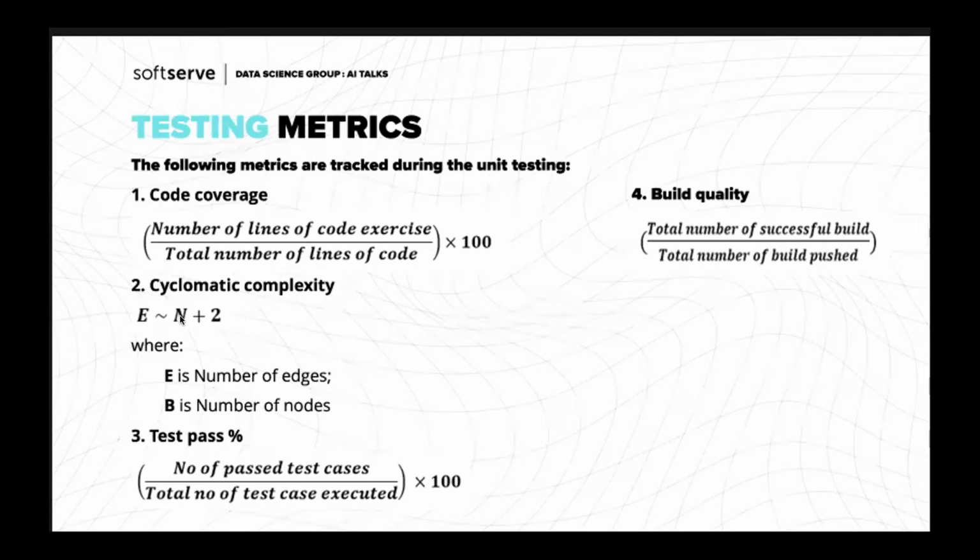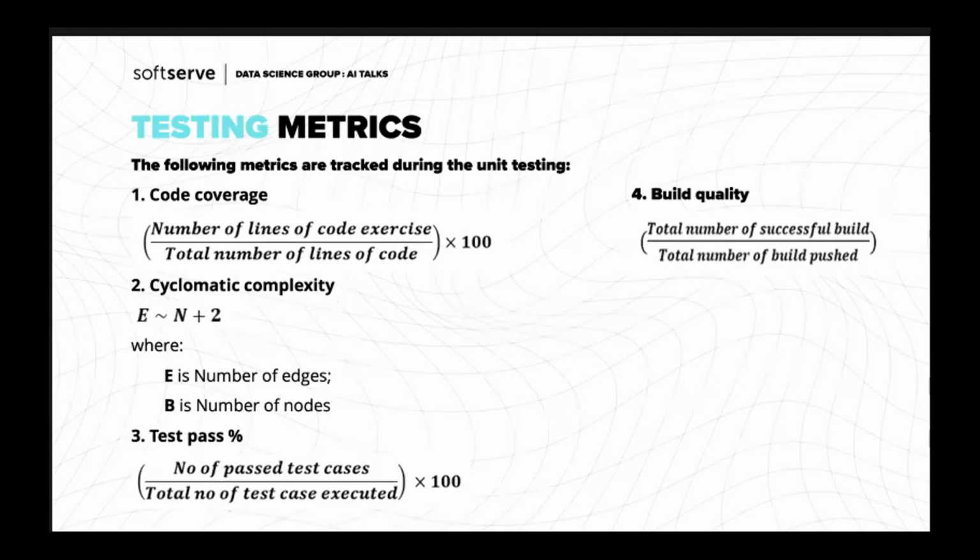The next one is cyclomatic complexity, which is the number of edges minus n plus 2, where n is our number of nodes. Plus 2 is a predefined value. It was derived by experiments of the DevOps team.